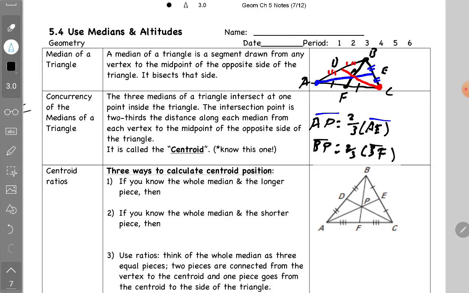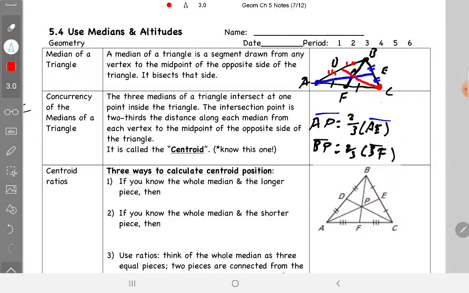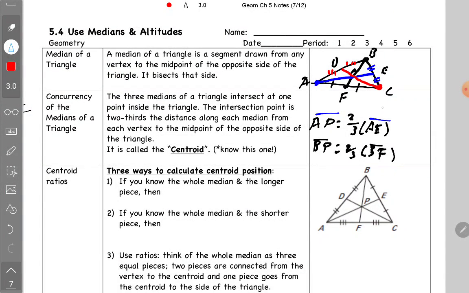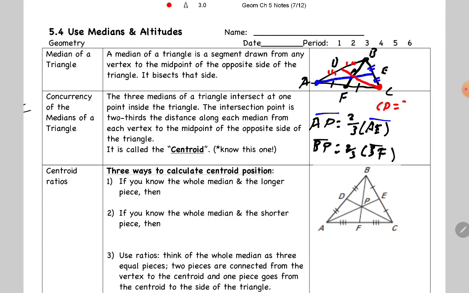And then the red line, CP, is equal to 2/3 of CD, the whole line. So CP is 2/3 of the whole red line, AP is 2/3 of the whole blue line, and BP is 2/3 of the whole black line.